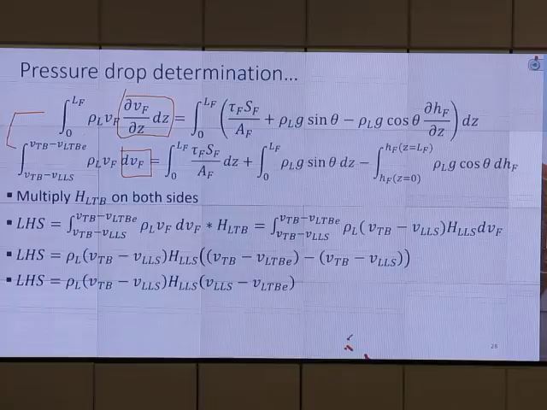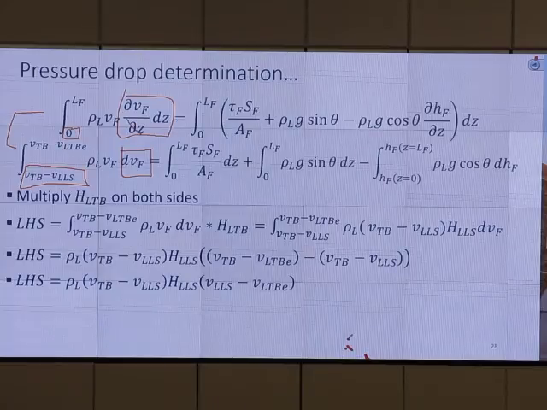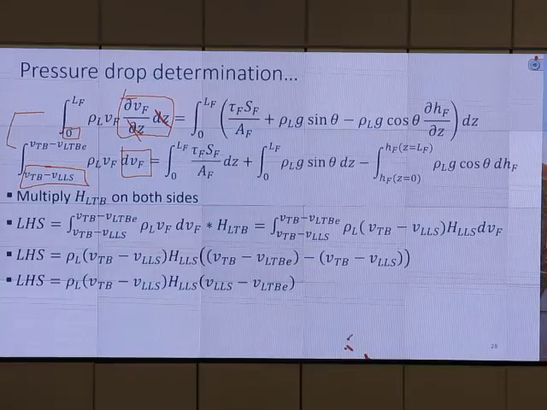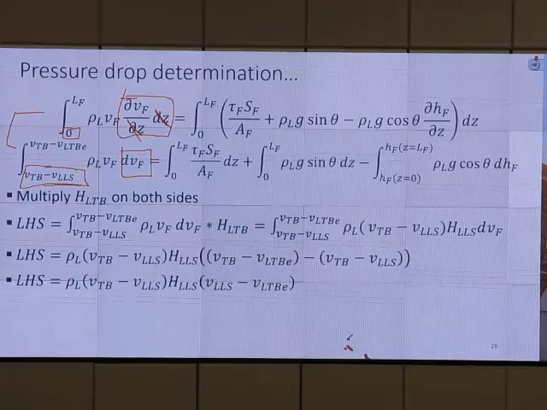You can think of it as canceling out, this dz cancels with this dz and this dVF becomes that, but actually it's the chain rule. And at z equal to 0, VF is VTB minus that. If you do the last question of the homework, you should understand this very well.